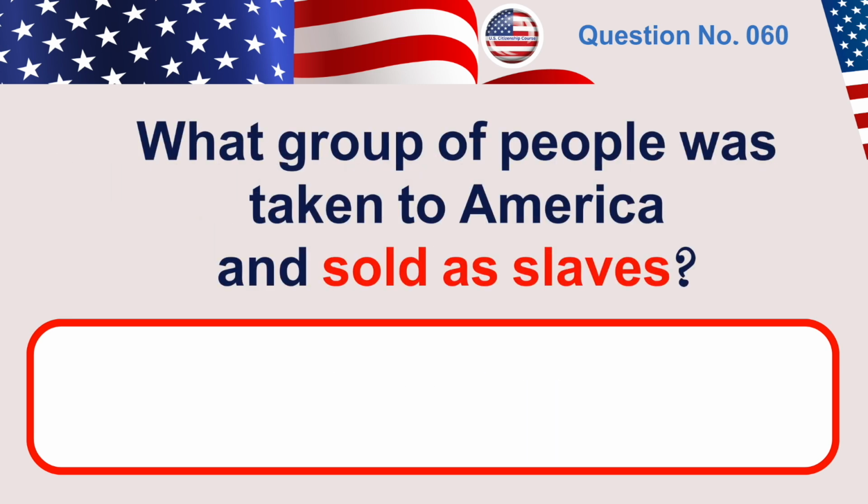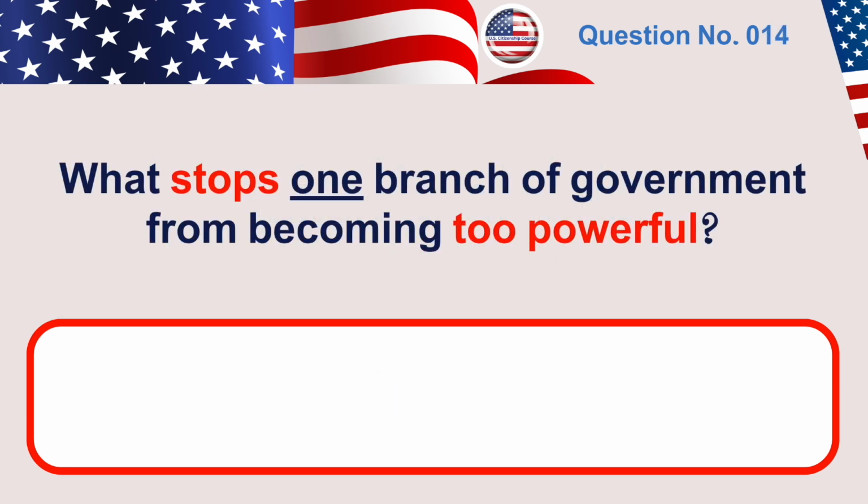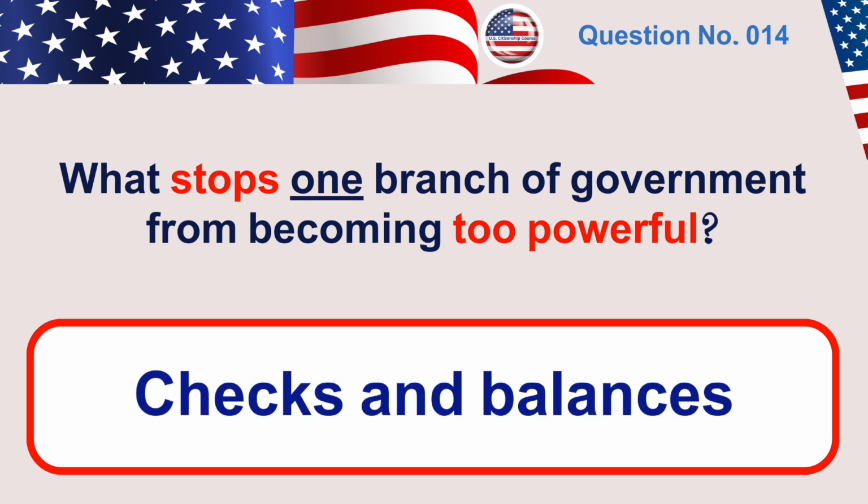What group of people was taken to America and sold as slaves? Africans. What stops one branch of government from becoming too powerful? Checks and balances.